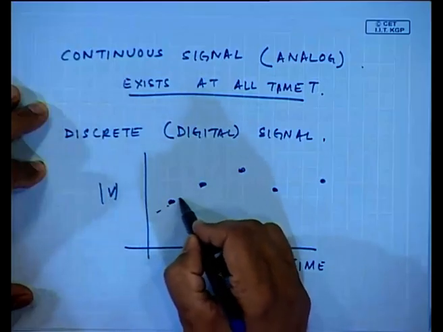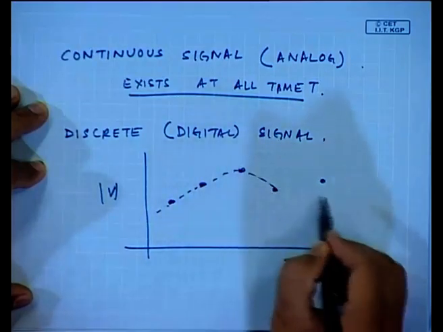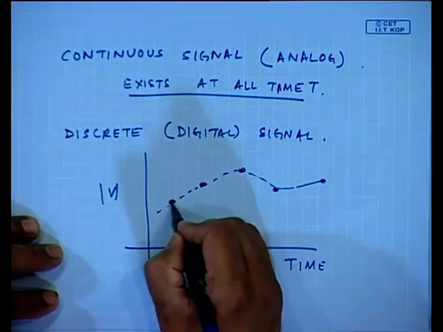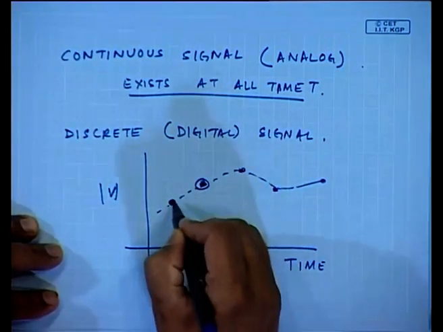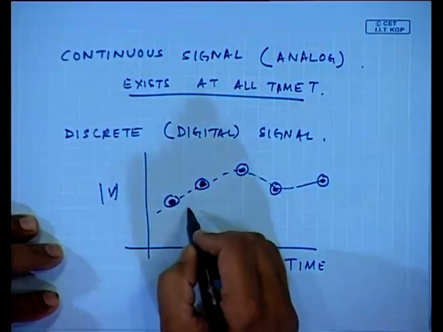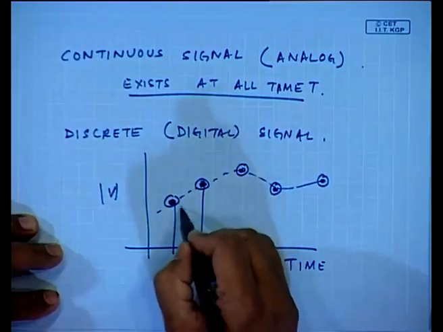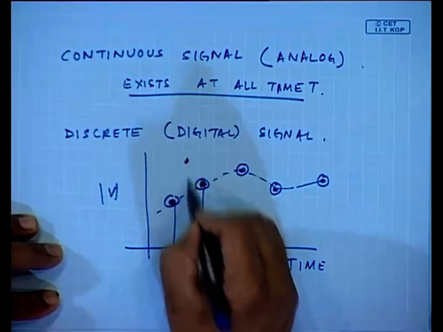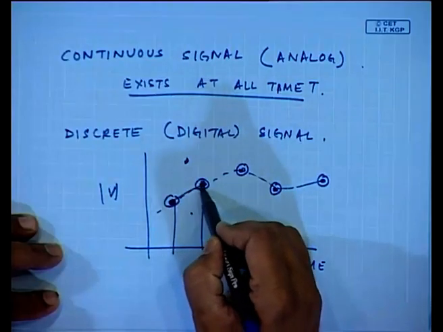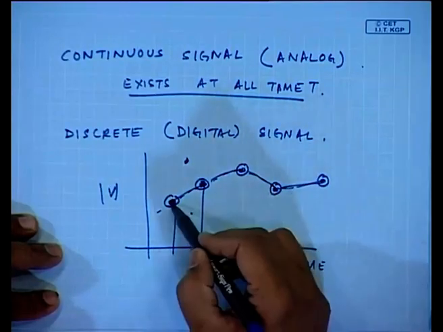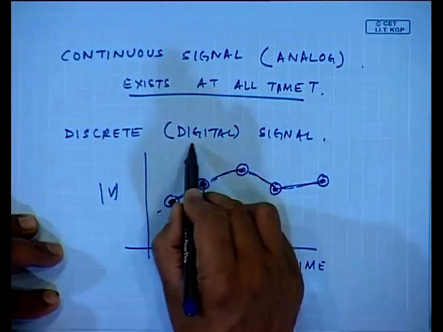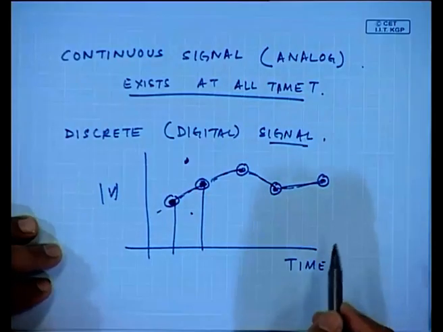So, I will just join them with a line, and then these are actually the values where I know these signals. I do not know what is the signal here, whether it is going here or going here, and there are many ways to assume it. I will just draw a straight line fit between them, or I can do a curve fit, or I can do a spline fit, etc. So, this is what is known as a discrete signal.